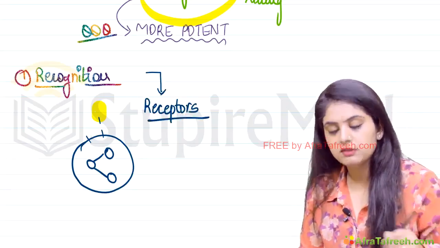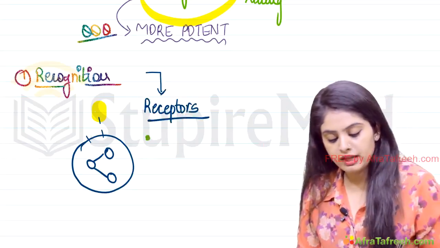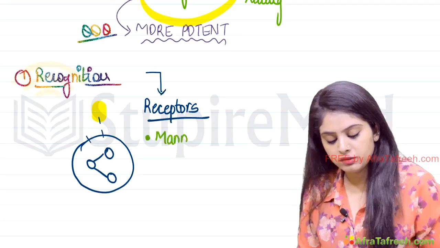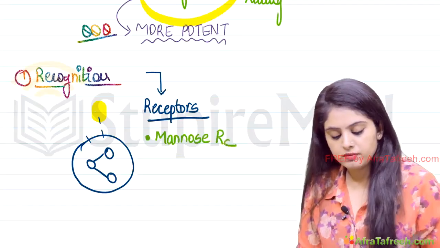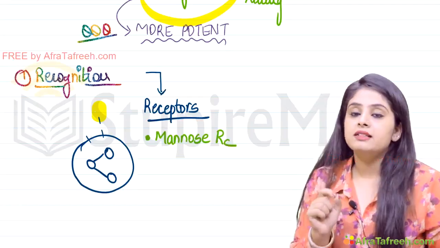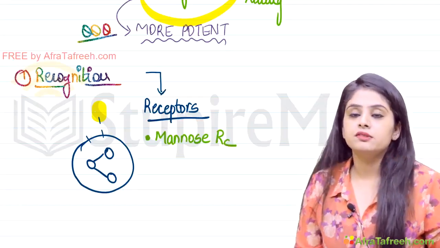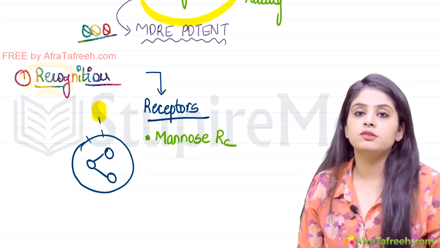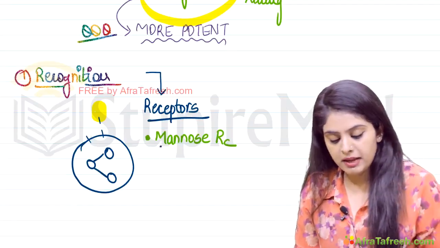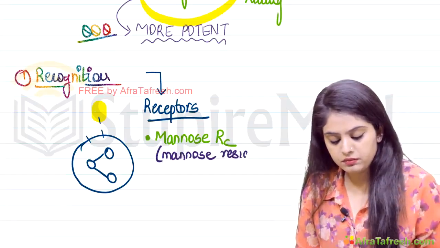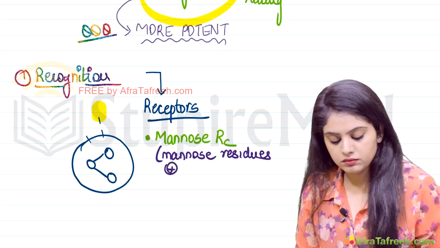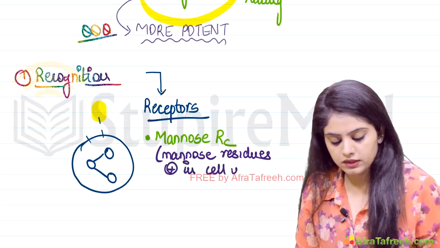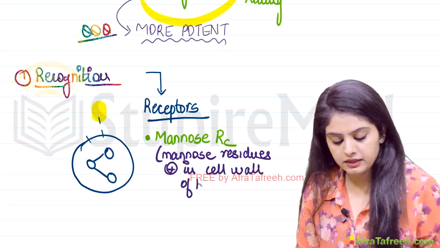And what are those receptors? One is known as the mannose receptor. Remember, the bacterial cell wall has mannose residues, so it will bind to the mannose receptor of the WBC, because there are mannose residues present in the cell wall of bacteria.